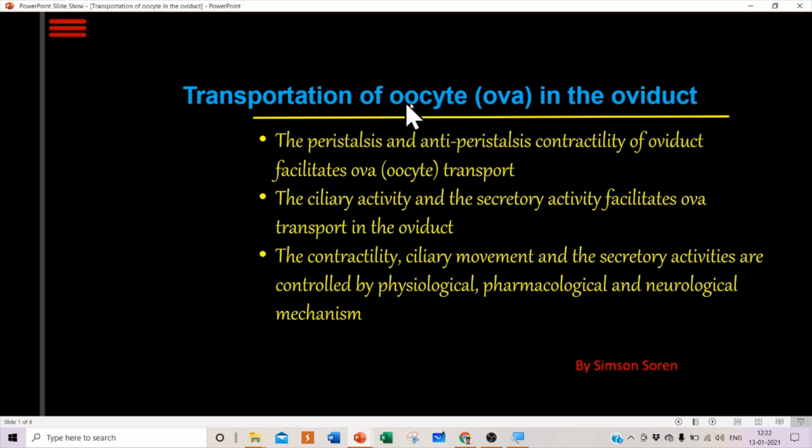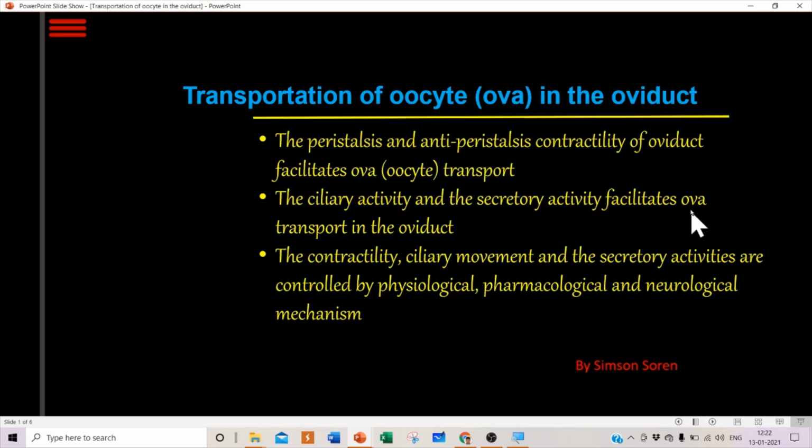Transportation of oocyte or ova in the oviduct. In this topic, we look at the factors that facilitate the transportation of ova after ovulation in the oviduct. The factors are the peristalsis and antiperistalsis contractility of the oviduct, ciliary activity, and also secretory activity.